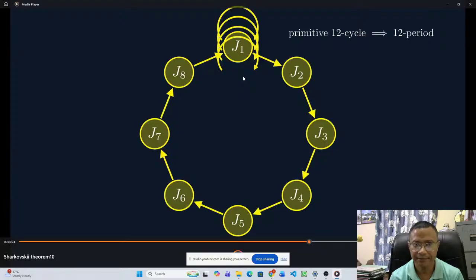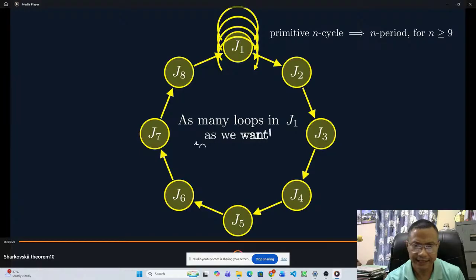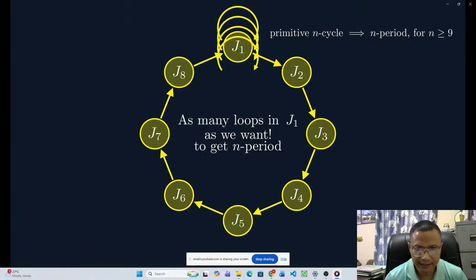We cannot have a periodic orbit of period 3, a periodic orbit of period 5, a periodic orbit of period 7, because 3, 5, 7 are natural numbers in the Sarkovsky ordering which are greater than 9. So as many loops in J1 as we want to get n period. That is easily done at J1.